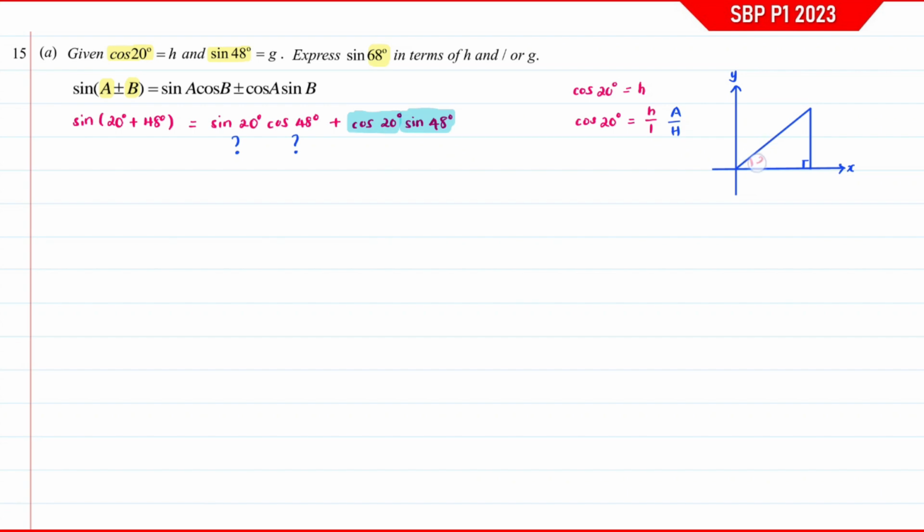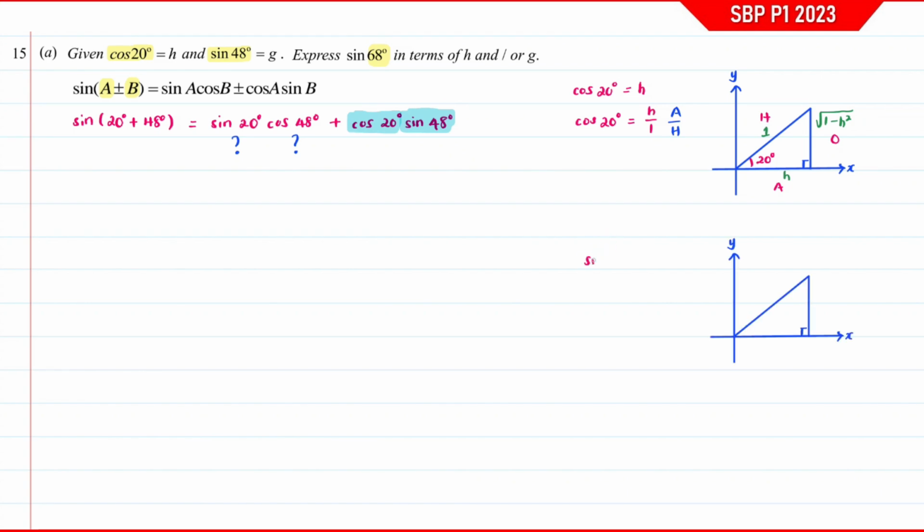So here will be the angle 20 degrees. This will be the opposite, adjacent and hypotenuse. So here will be the h and here will be the 1. So for the opposite side, we can find it through the Pythagoras theorem, as this is a right angle triangle. So the opposite side will be the square root of 1 squared minus h squared, which is square root of 1 minus h squared.